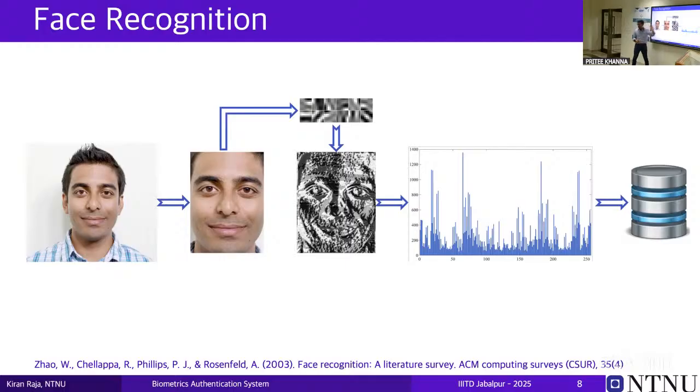Then I follow by extracting the features. In this case, it's a histogram, like that picture that I have. I get the histogram, and then I can put it in the database.